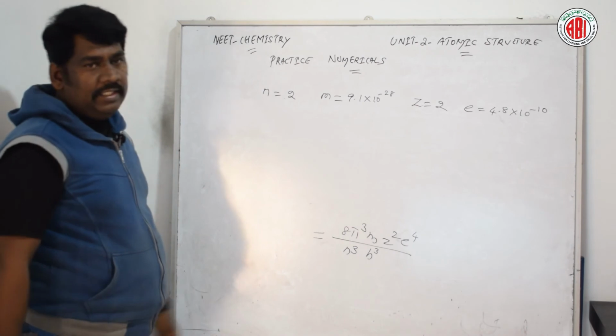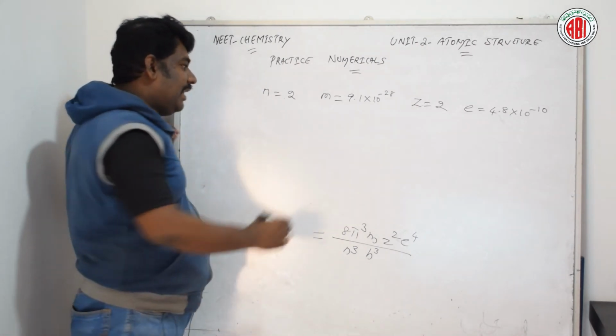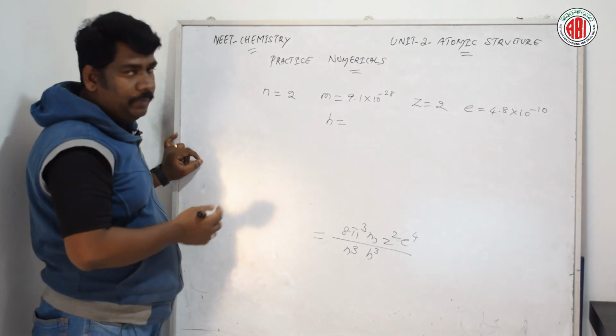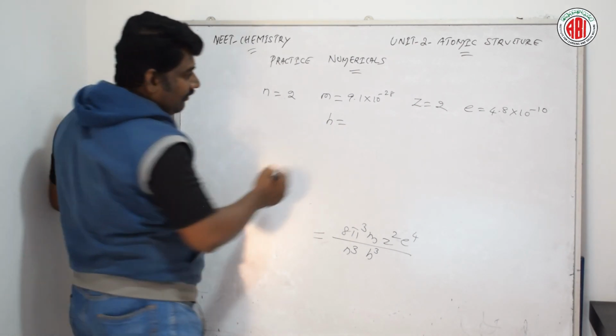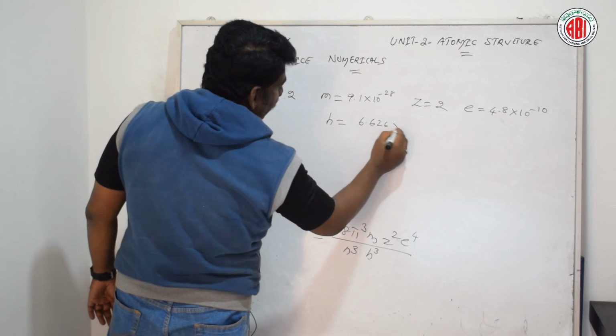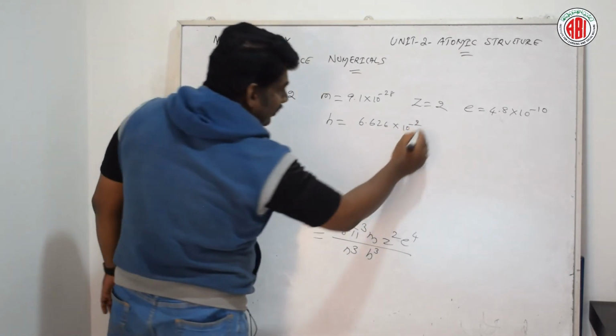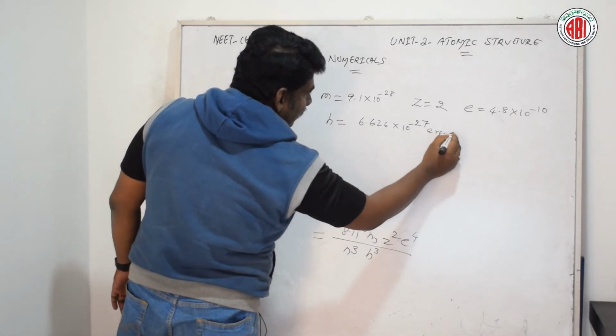Similarly, Planck's constant h, written in erg second, is 6.626 into 10 to the power of minus 27 erg second.